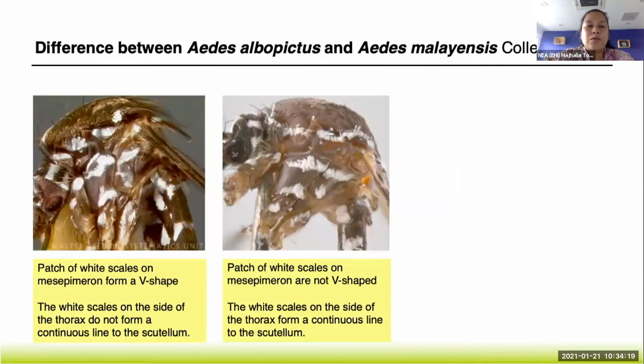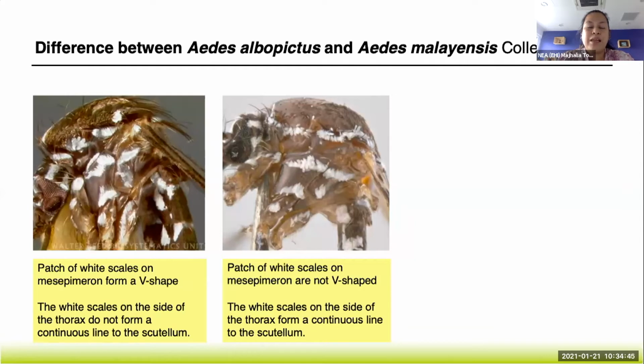Right. So just as an example, since malayensis and Aedes albopictus are both present in Singapore, I would like to show you some of the differences that allow us to separate the two species. So for Aedes albopictus, the patch of white scales on the mesepimeron forms a V shape, as we mentioned earlier.